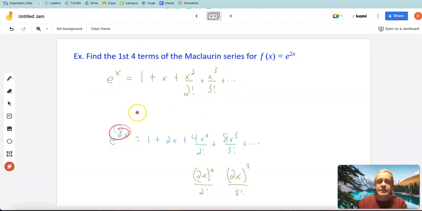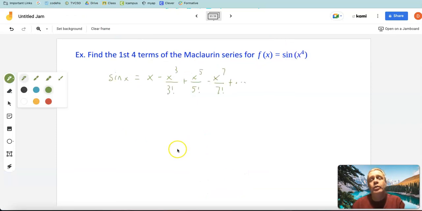Since this is 2x, we could have just plugged 2x into each of these x values, and come up with the terms of this Maclaurin series very quickly and efficiently, a heck of a lot quicker than what I just did, right? Because plugging 2x into each of these, we would get the 1, we would get 2x in for that x, we would get 2x being squared over 2 factorial, and then here we would plug in 2x and cube it and put that over 3 factorial. And like that, we could have come up with the first 4 terms in the Maclaurin series for f of x equals e to the 2x.